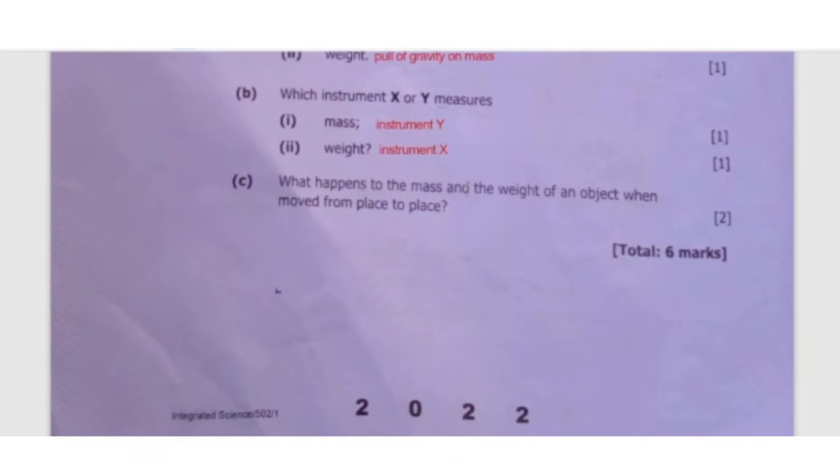Okay, come to this one. What happens to the mass and the weight of an object when moved from place to place?